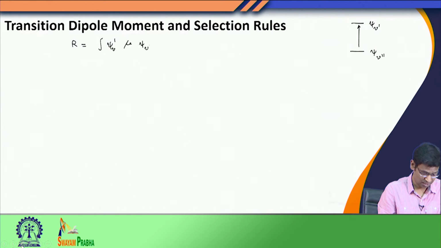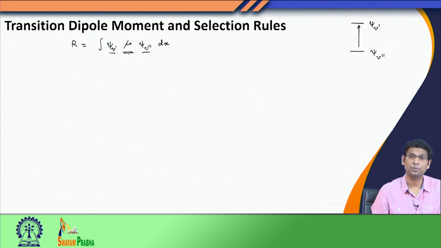So, this is the initial state, this is the final state, and this one is the electric dipole moment of the molecule. We will come to why we are writing it in this way, but we can equivalently write it in bracket notation.